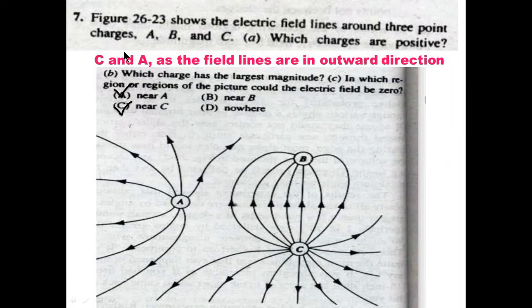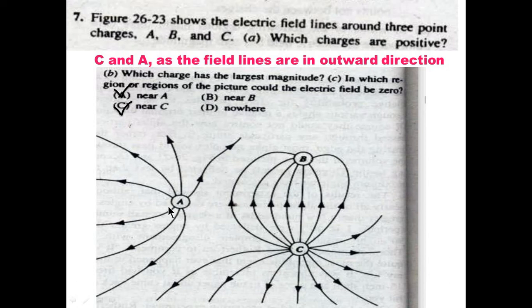This is question number 7, figure 26-23. Here you can see the figure shows the electric field lines around 3 point charges A, B and C. Which charges are positive? C and A are positive charges. As you know, the field lines from positive charges are always directed outward, as a positive charge is considered a source. From a source, field lines move in the outward direction, right?